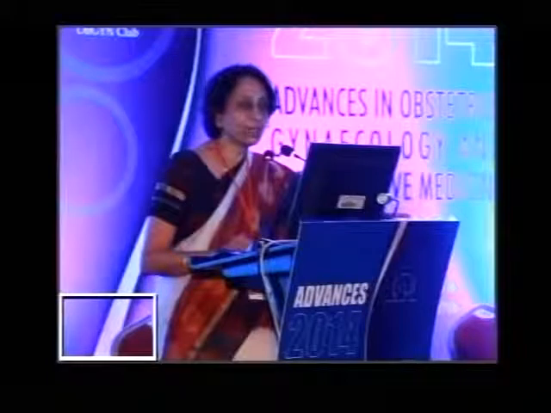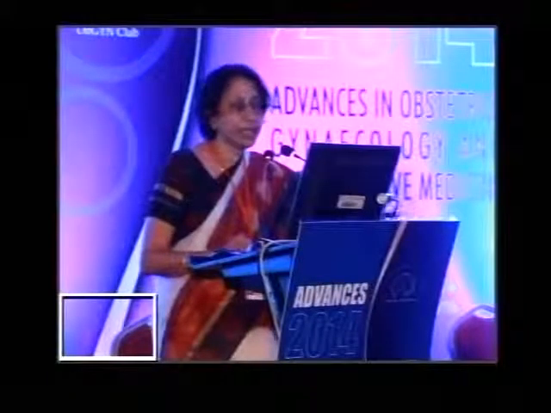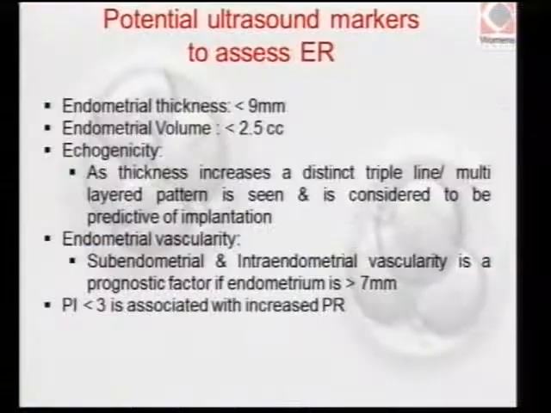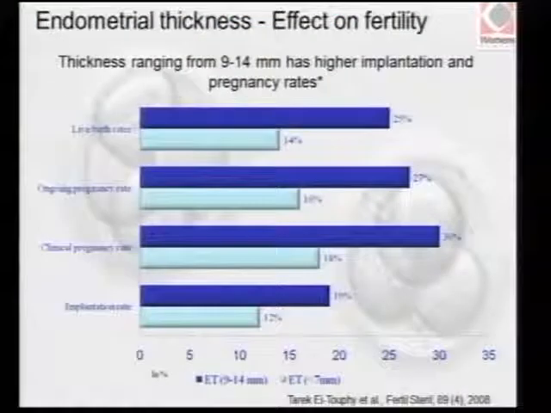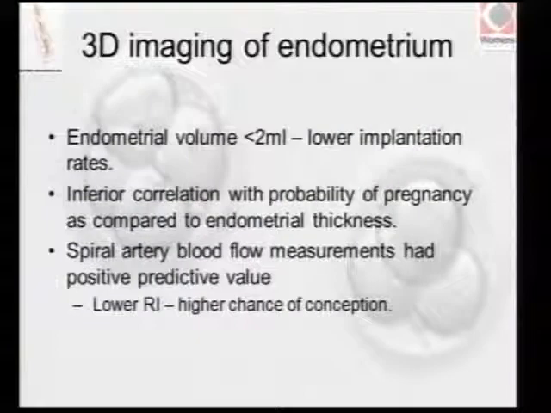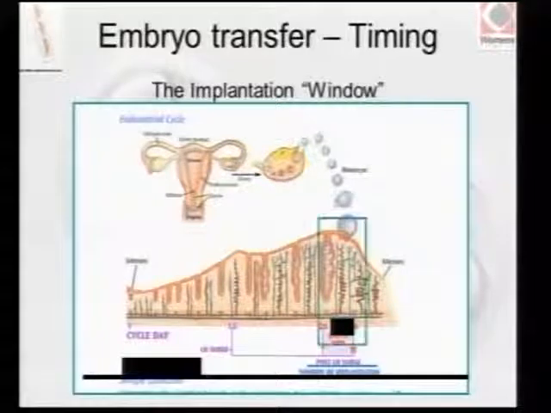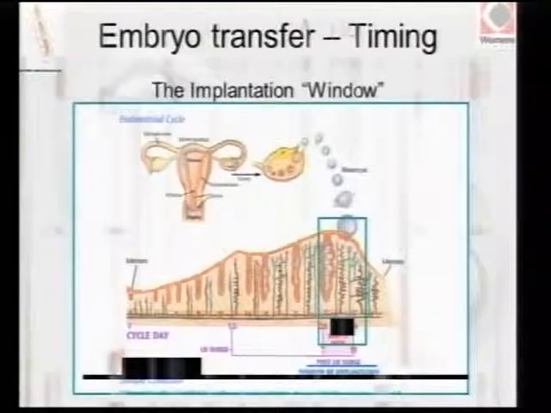Non-invasive assessment of endometrial receptivity is again used for a transvaginal ultrasound, which all of us are familiar with. Potential ultrasound markers to assess endometrial receptivity, we've heard about them yesterday, 3D imaging and the volumes. And the embryo transfer timing, is your timing right? It's not just the days. There is something called an implantation window that seems to change from woman to woman.